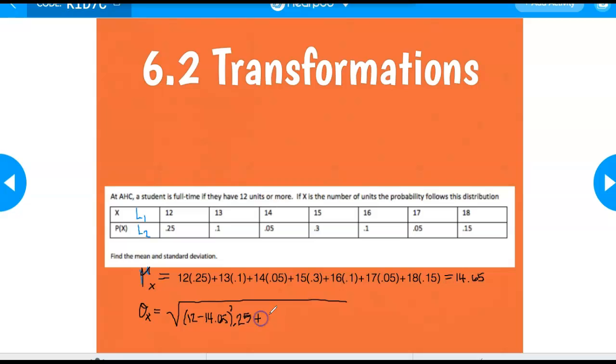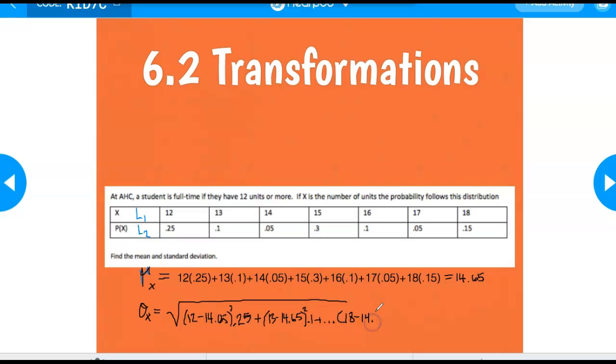Plus the second number minus the mean, plus the third number minus the mean, and so on. We put dot, dot, dot, representing all the other numbers, and then the last number, 18 minus the mean. That'll give you the standard deviation.